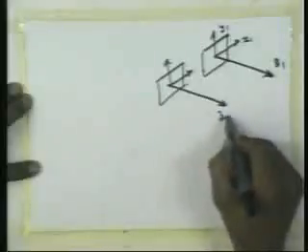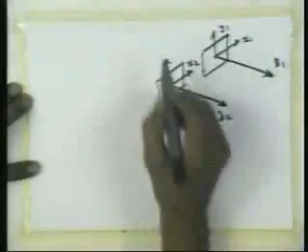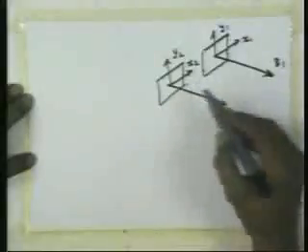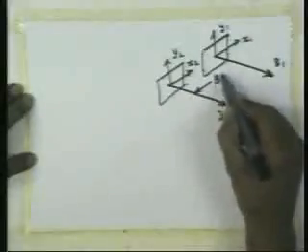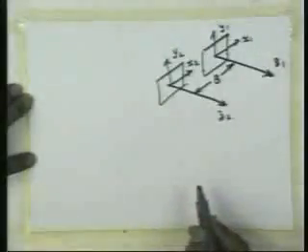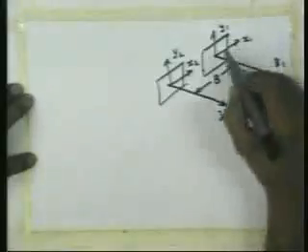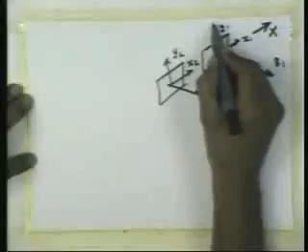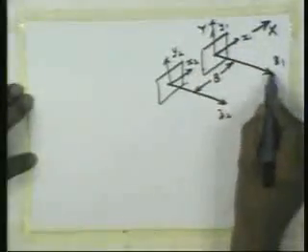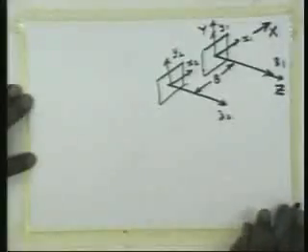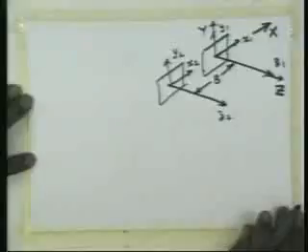This is z2, x2, and y2. Now I've got two cameras, both are parallel, displaced from each other by some amount, let's say b, along the x direction, and let's define the global axes, global x, global y, and global z, to be coincidental with the first of the cameras.